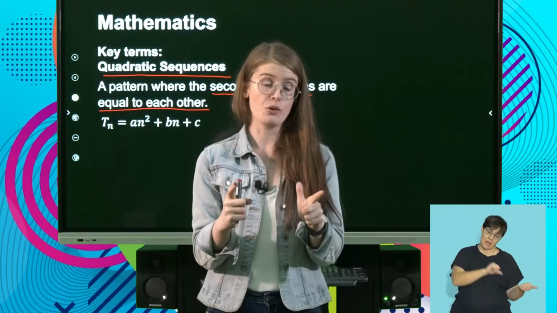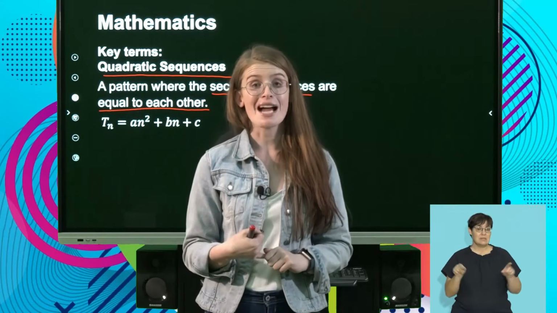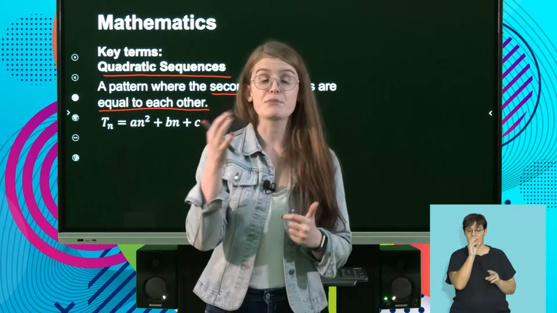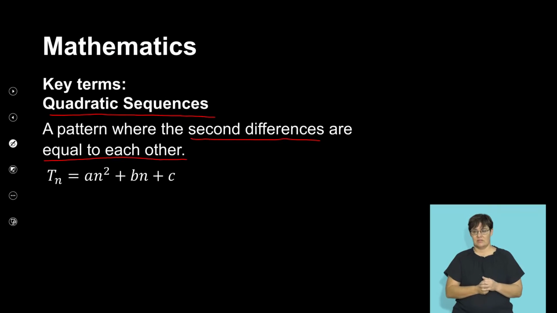I'm going to go back to the board to revise the nth term of a quadratic pattern, but I'm also going to be reminding you how we can determine the values that we have to substitute into the quadratic pattern. So the general term for a quadratic pattern is Tn is equal to an squared plus bn plus c. Just a reminder on how to find the values of a, b, and c. We will take 2a and equate it to the common second difference.